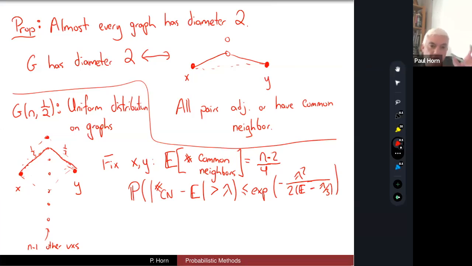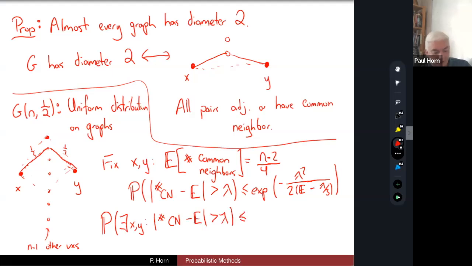Now, of course, this is just for one pair. In order to say my diameter is 2, I would like there to be common neighbors between every single pair of vertices. So the probability that there exists an x and y such that this number of common neighbors differs from its expectation by more than lambda.